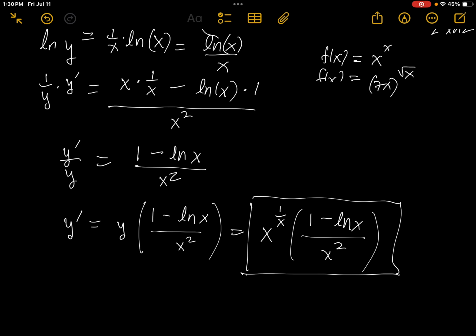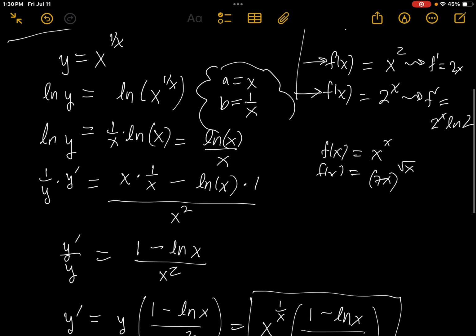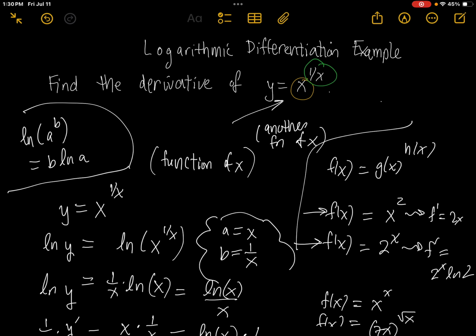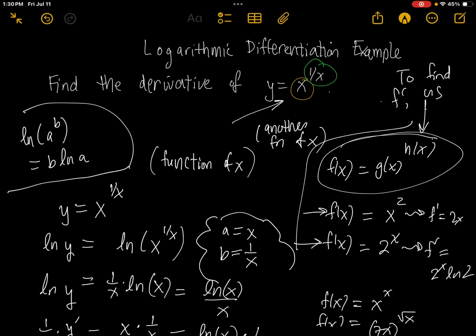So that is logarithmic differentiation. Let's write down the key steps. And this is something that you should be thinking of whenever you have a function which is a function of x raised to another function of x, and you're trying to find the derivative. So whenever you have a g of x raised to h of x, and you want to find the derivative, use logarithmic differentiation.